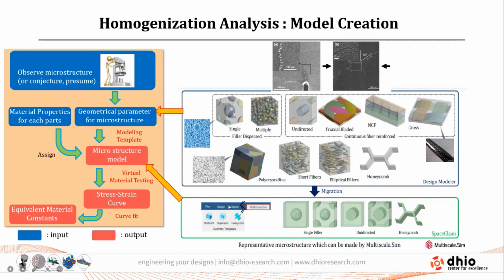This is the representative microstructure available in the multi-scale sim as well as in SpaceClaim. For modeling this microstructural template, you can use either SpaceClaim or DesignModeler. These are different CAD modeling software in ANSYS.